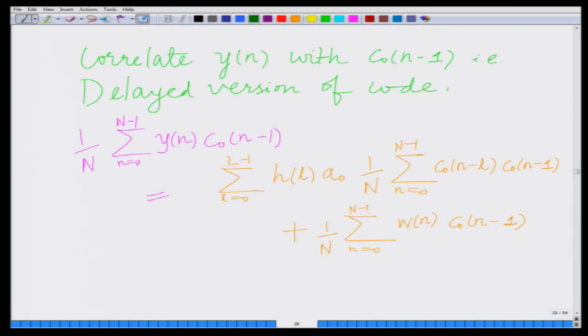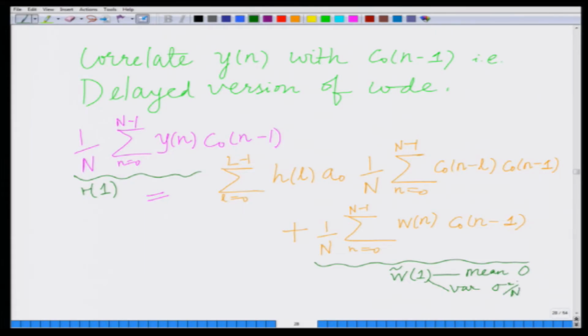Now, let me call this correlation with C naught n minus 1 as R1. Again this noise, 1 over n summation W n C naught n minus 1, I can denote by W tilde 1, which will be again Gaussian noise with mean 0, variance sigma square by n.